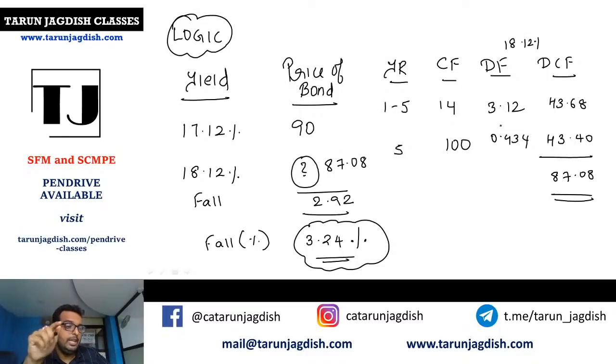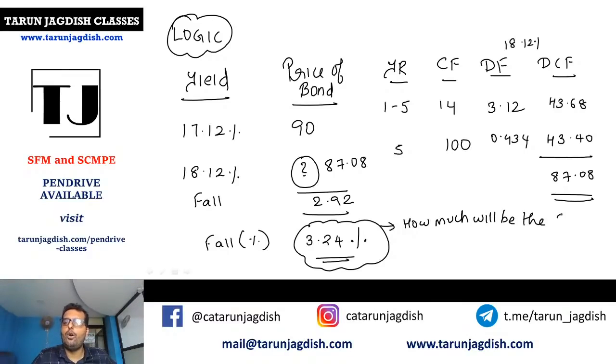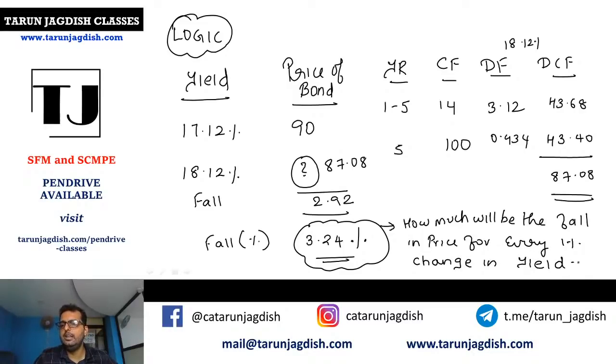So now you tell me what is the logic of volatility. Volatility will tell you how much will be the fall in price for every 1% change in yield.